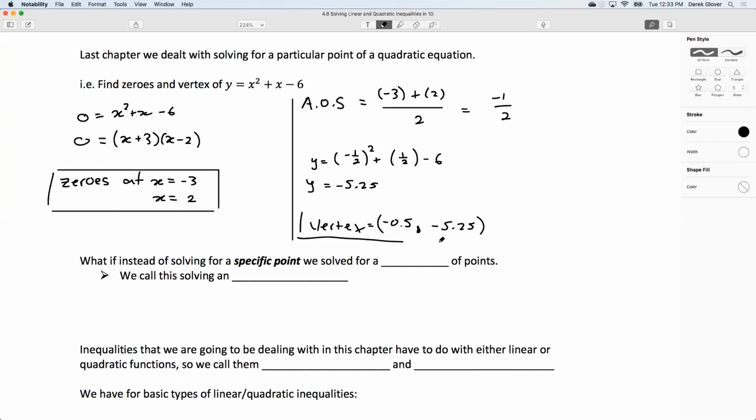All right. So we've done this so far, and what we're doing is we're finding specific points. So let's now open up our answers to a range of values. So instead of solving for a specific point, what if we solve for a range of points? We call this solving an inequality.